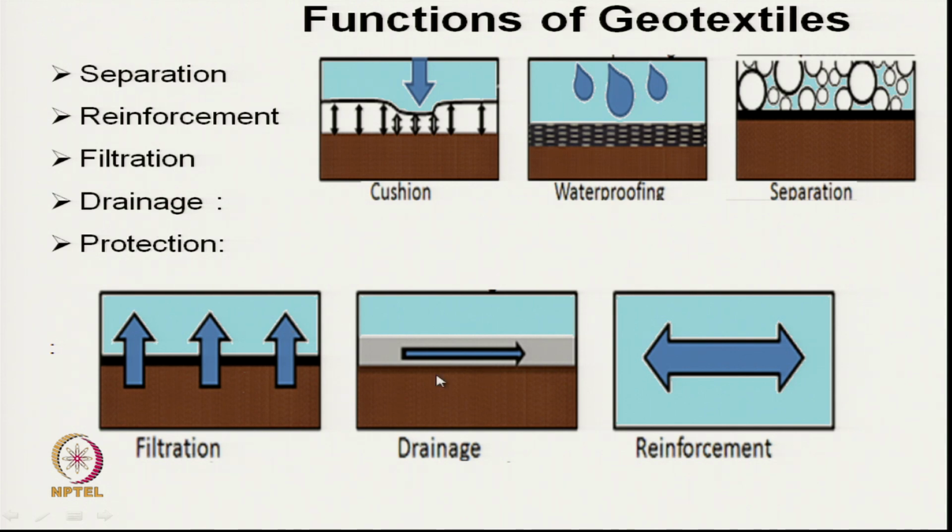Drainage is important, so that the water can flow along the plane and water accumulation is not there. Basically, strength of soil reduces with the increase in moisture. So, drainage helps in maintaining the strength of soil structure by distributing the water. It is not allowing the water to accumulate at one place.